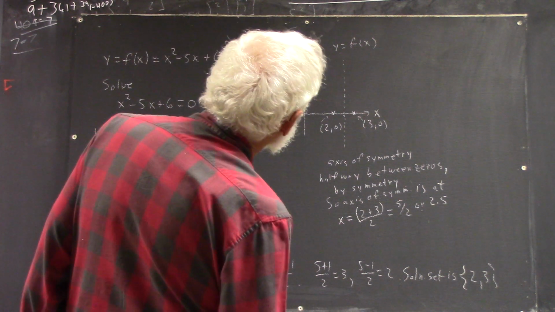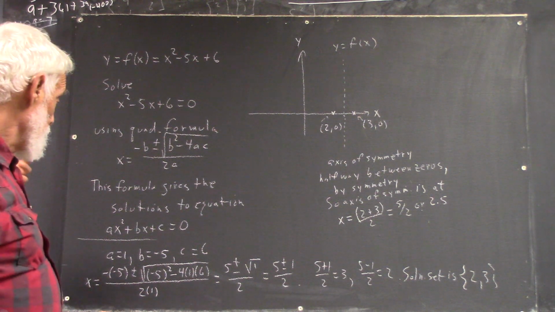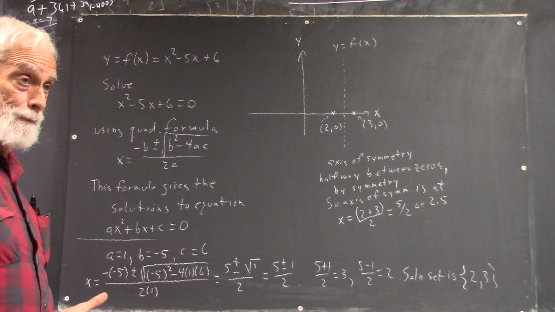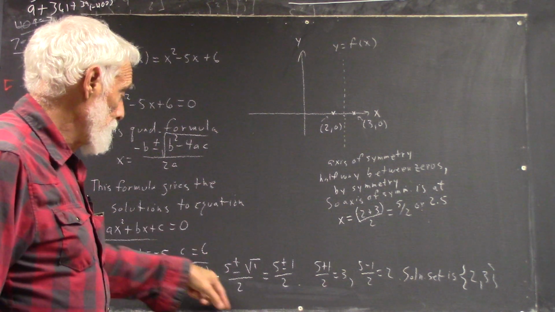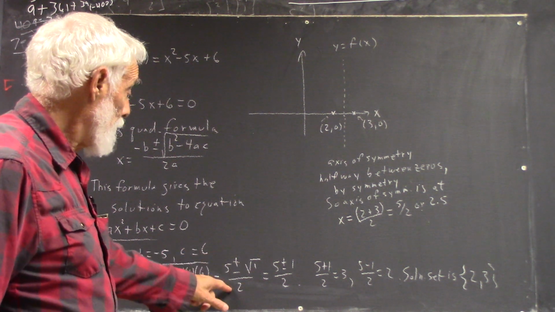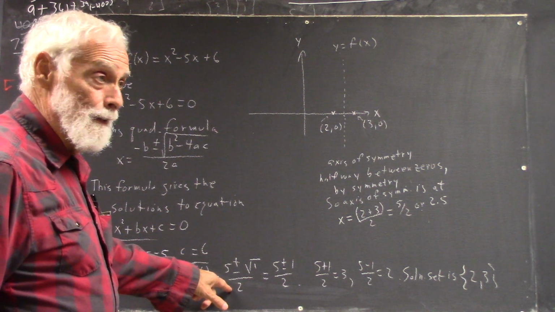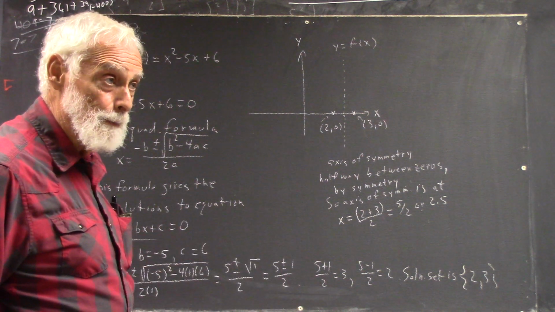Now, you also get the axis of symmetry from the quadratic formula. Where do you see the axis of symmetry in this expression right here? Well, you see 5/2 right there, right? Of course, it's plus or minus 1/2 because of the 1, right?